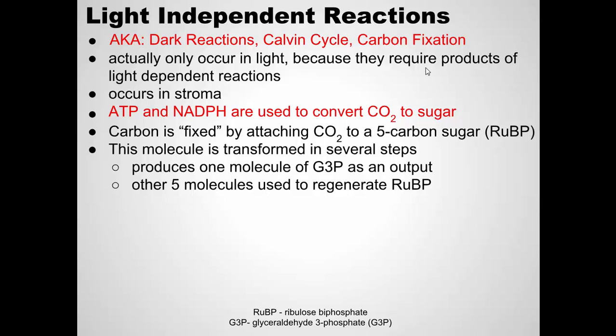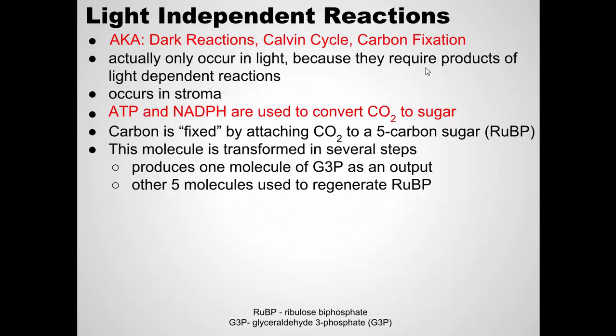And in a sentence, you can say ATP and NADPH are used to convert carbon dioxide into sugar. That's what happens in the Calvin cycle. ATP and NADPH from the light-dependent reactions are used to make a sugar.